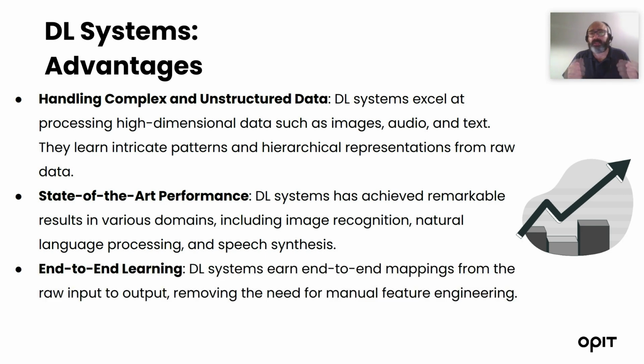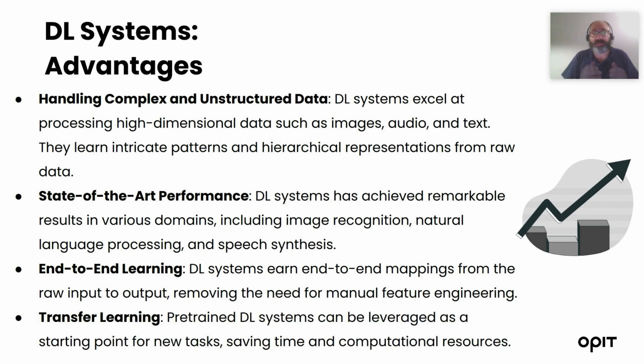And this is because deep learning systems are able to learn end-to-end. The deep learning system creates a mapping from the input to the output without the need for feature engineering, without the need for humans to put their hands in trying to understand the problem. And they do this task very efficiently based on the data that they receive for their training. And last but not least, one of the best benefits of deep learning systems is that they can transfer knowledge from one domain to another.